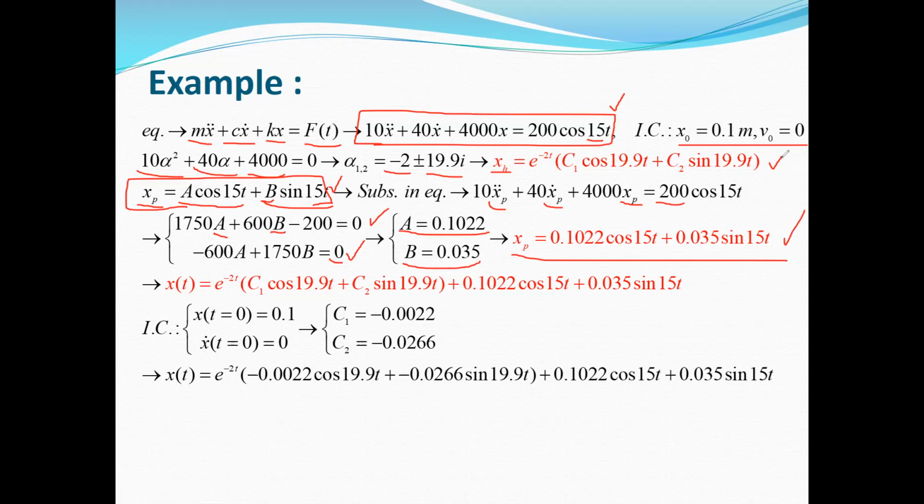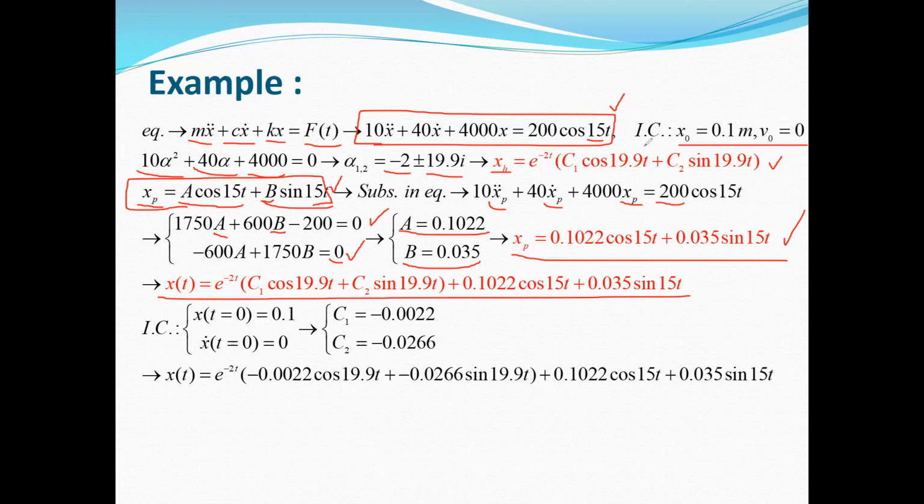We have the homogeneous response as well. So the total response is the summation of the homogeneous plus particular. So here you can see this is the x(t). Another important point that most of the time the students forget is that the initial condition must be applied to the total response, not only to the homogeneous response.